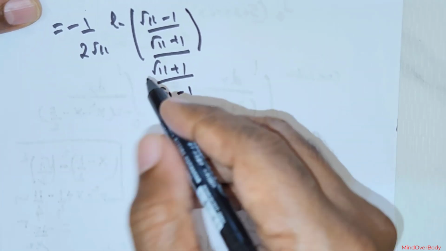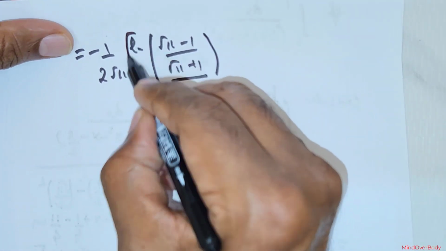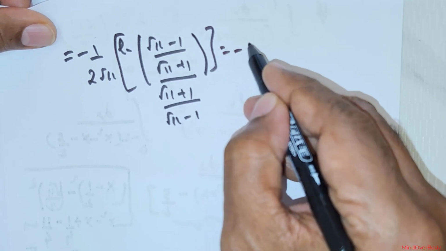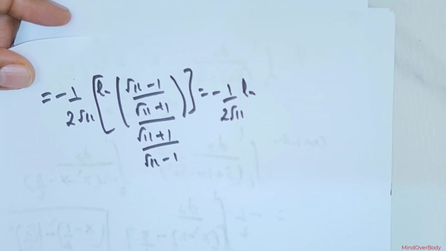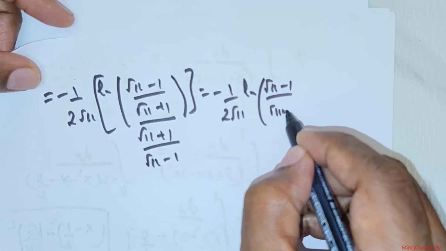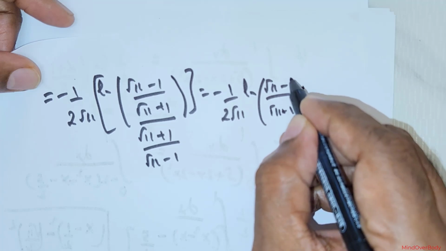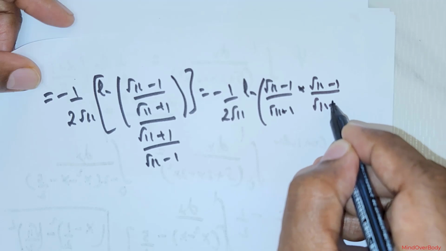Okay, so this is ln of A over B, so you can flip this and rewrite this as -1/2 times root of 11 ln of (root of 11 - 1) divided by (root of 11 + 1) multiplied with (root of 11 - 1) divided by (root of 11 + 1).